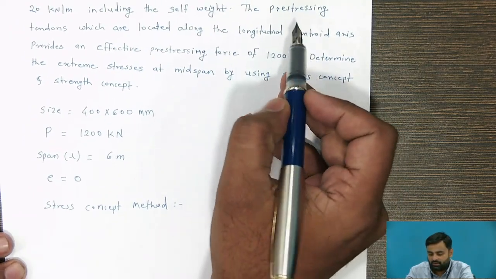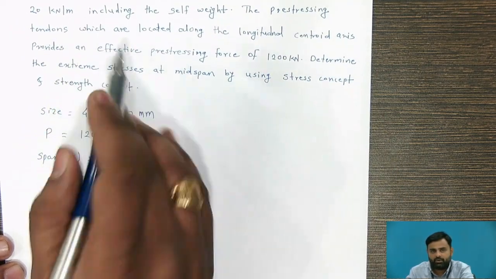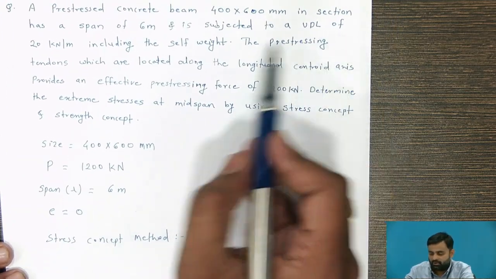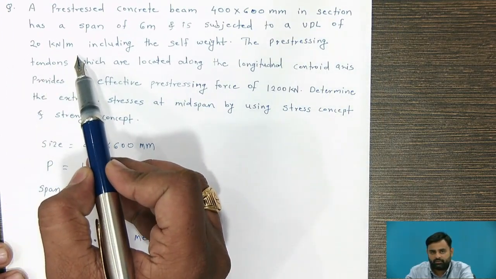Here you can see a UDL of 20 kilonewton per meter is given.